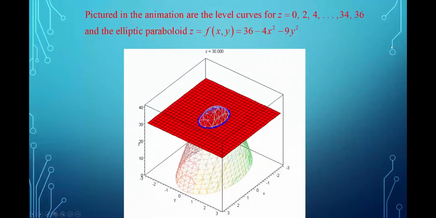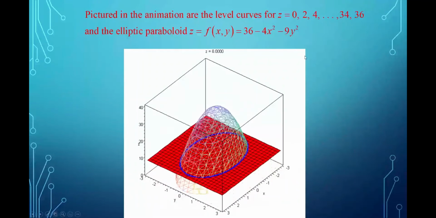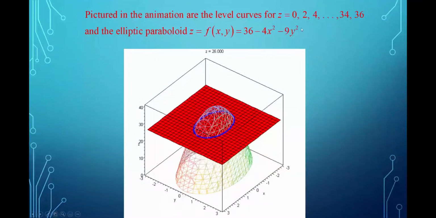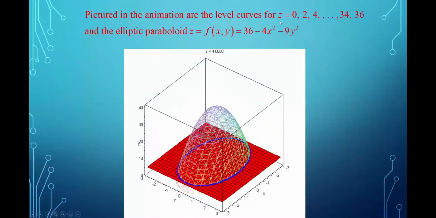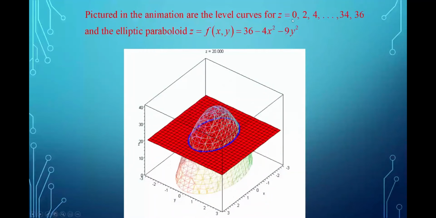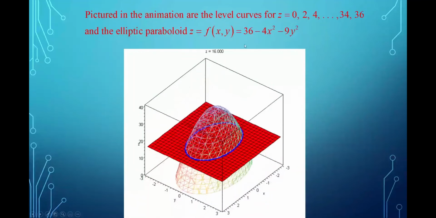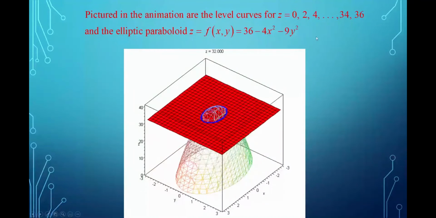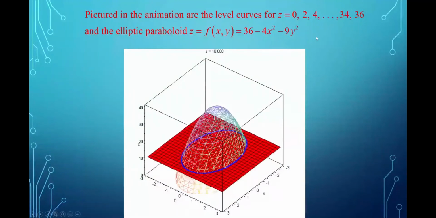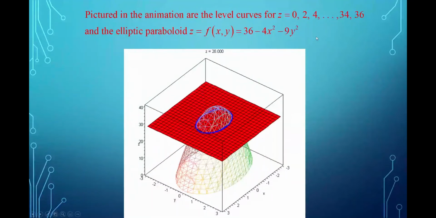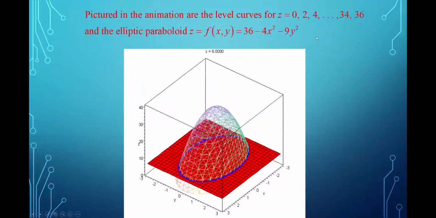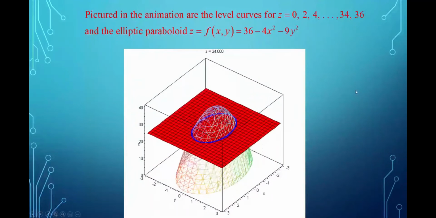The picture you're looking at is showing the level curves for intersections with z equal to 0, 2, 4, by 2s up to 36. This is the actual equation of the elliptic paraboloid, z equals 36 minus 4x squared minus 9y squared.